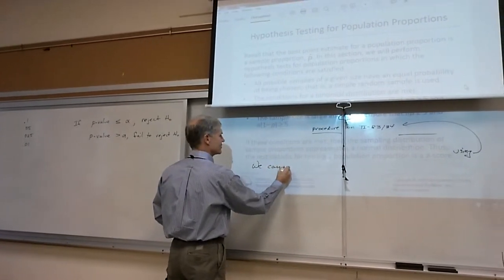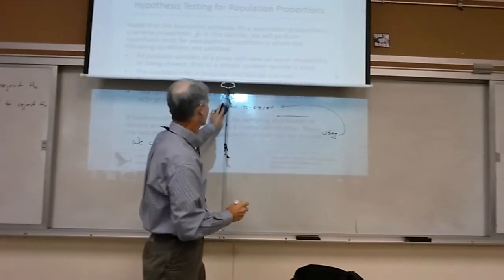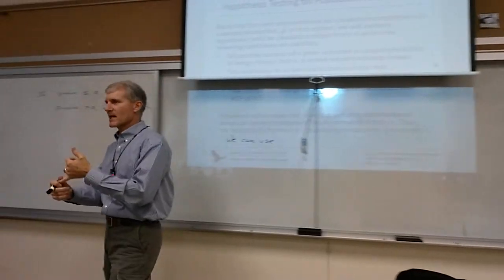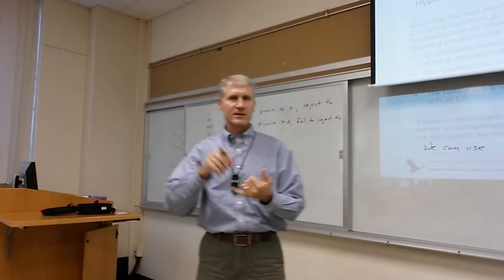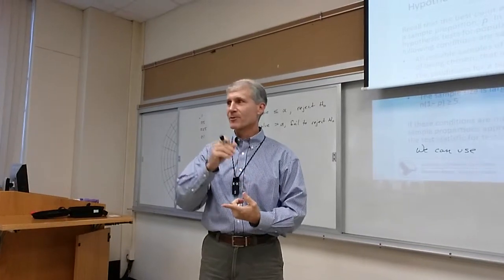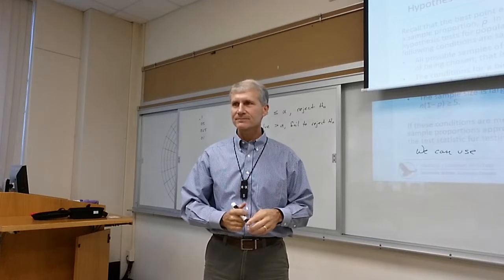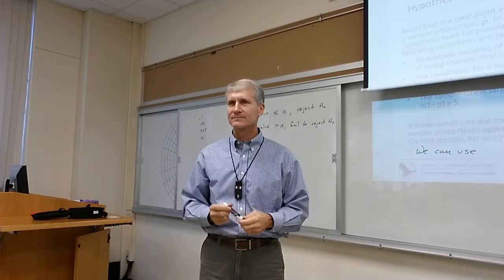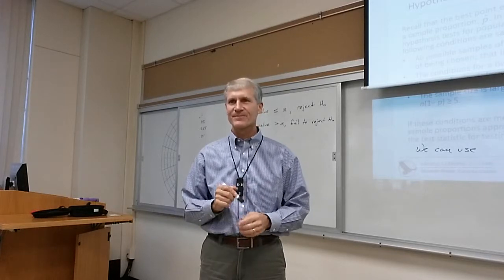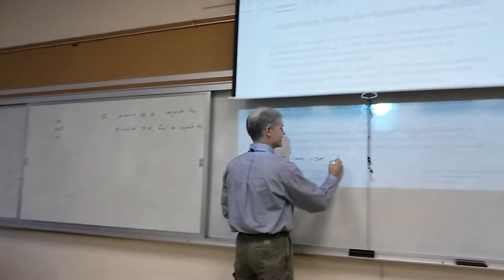Which means we can use which function on our calculator? Go to your calculator, push the stat button, go over to tests, and see if you can tell what we're going to use for a one sample proportions hypothesis test. Right. One prop Z test.